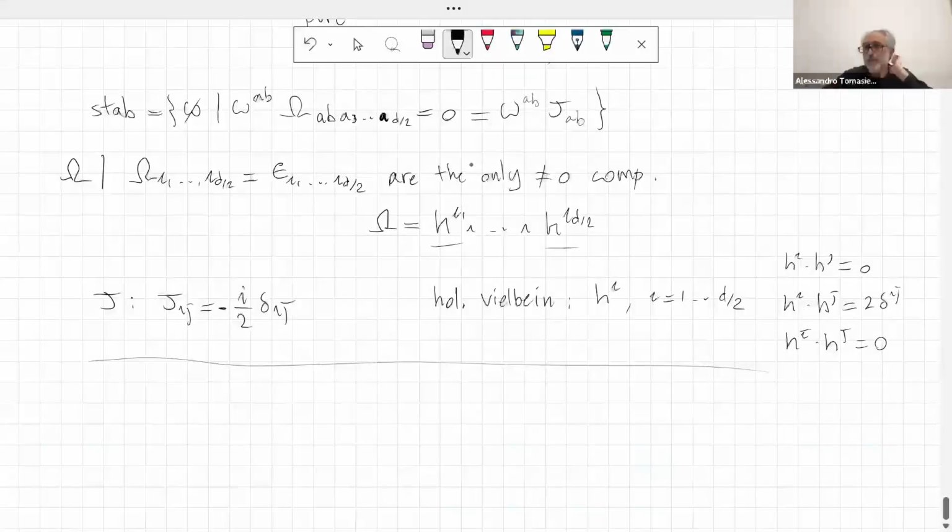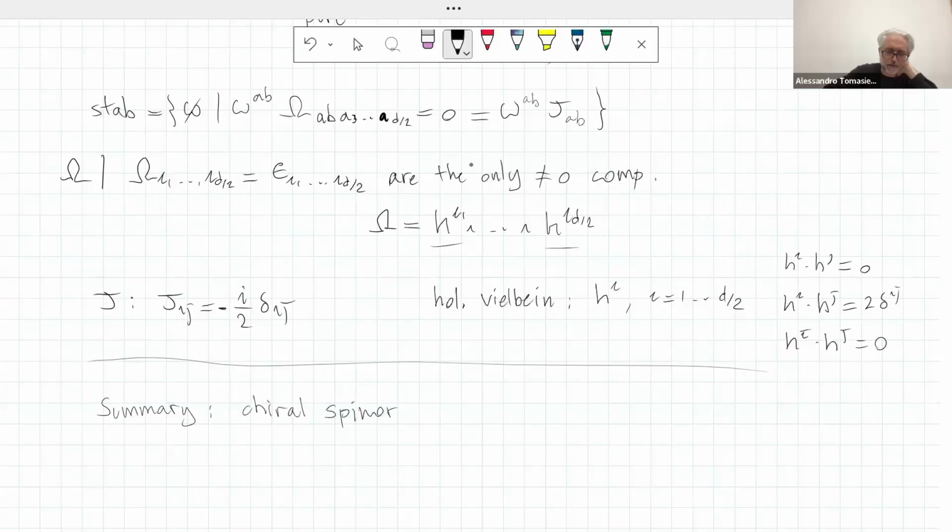So what we have discovered is that the pure spinor, which is never zero, nowhere zero, gives a reduction to SU d over 2.